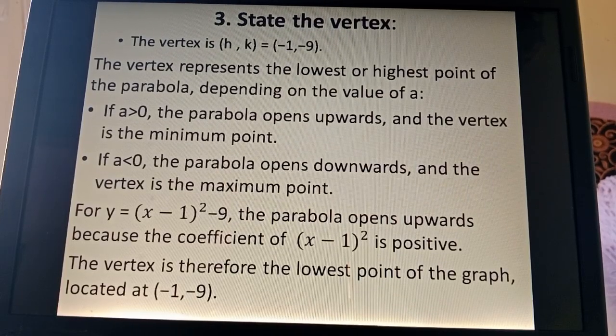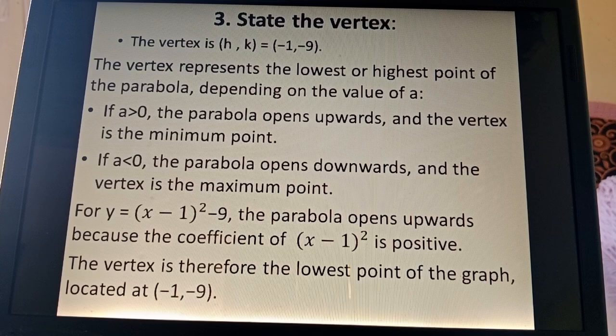The vertex represents the lowest or highest point of the parabola depending on the value of a. If a is greater than 0, the parabola opens upwards and the vertex is the minimum point. If a is less than 0, the parabola opens downwards and the vertex is the maximum point.